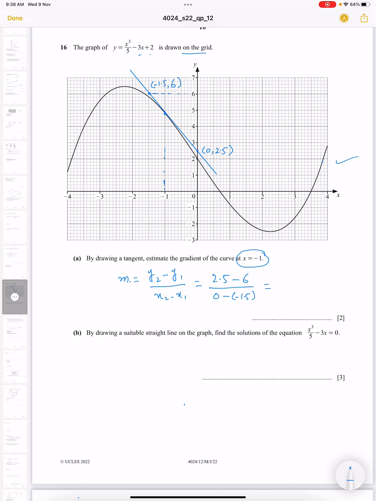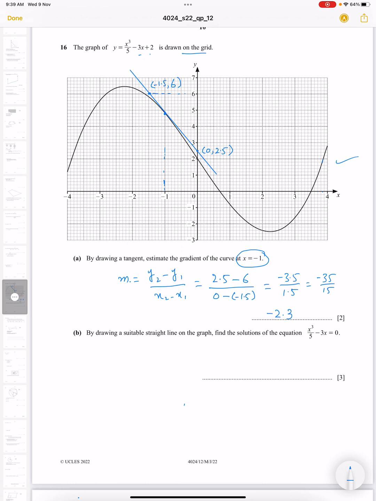So 2.5 minus 6 will be negative 3.5 over positive 1.5. So 3.5 over 1.5, if we remove the decimal, can be written as minus 35 over 15. And as you know, 15 times 2 is 30, so almost minus 2.3. That will be its gradient.